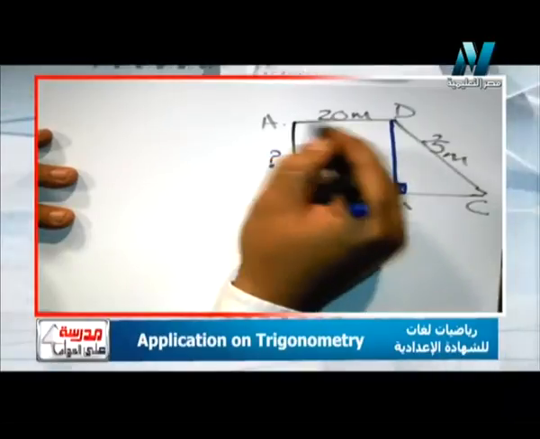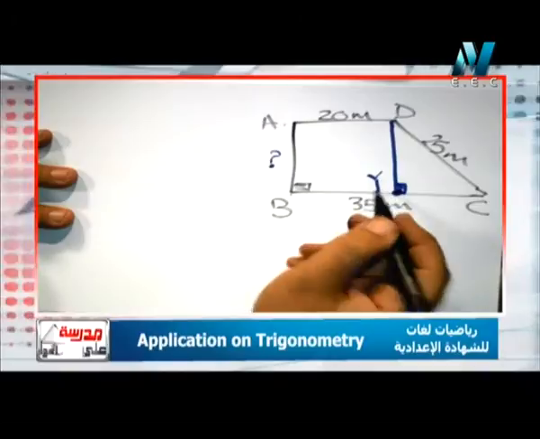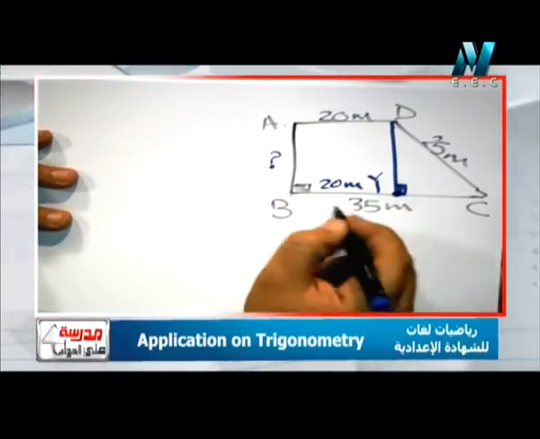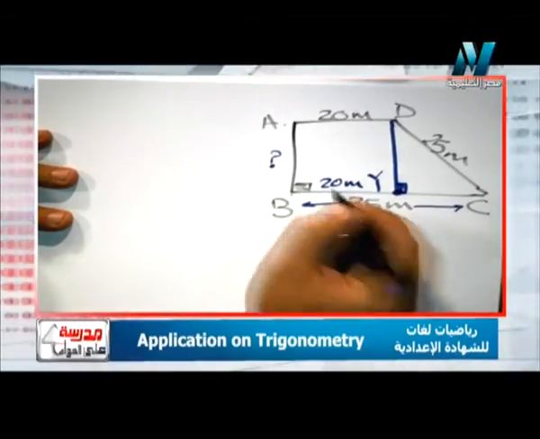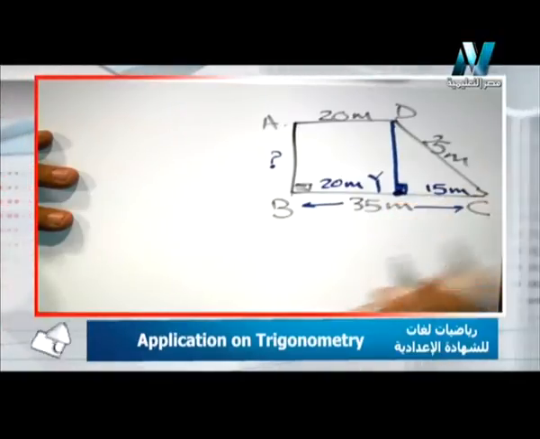And AD has a length of 20 meters, so of course BY is the same, 20 meters. And for BC, it's 35 meters, and this is 20 meters, so CY will be 15 meters.